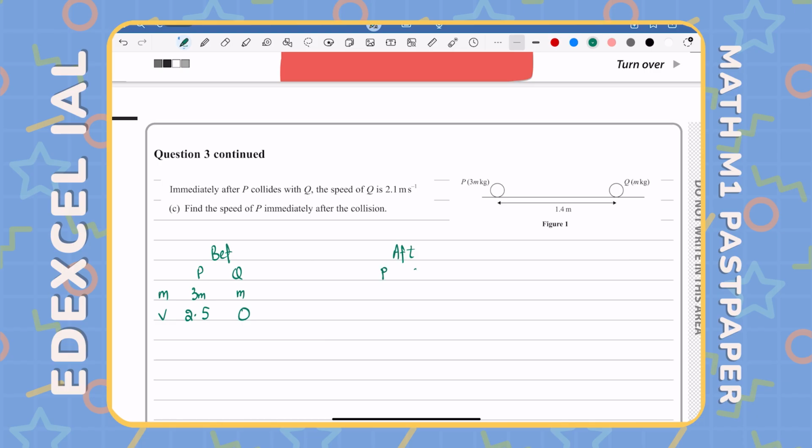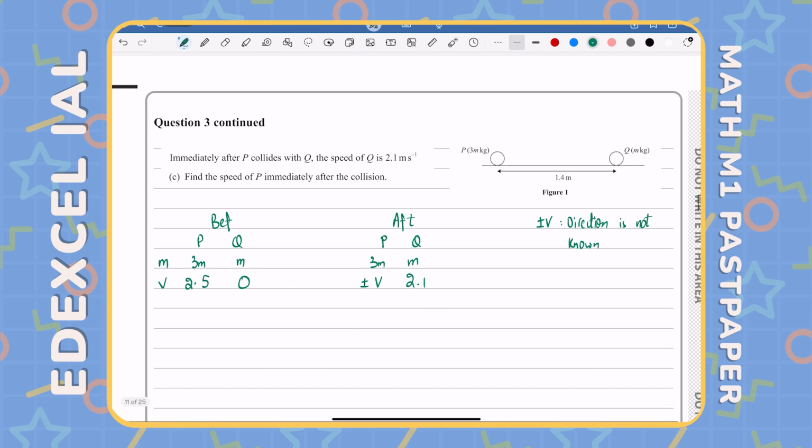After, obviously the mass remains the same, so that's 3m and m. The velocity of P, however, is unknown, so we're going to put a plus minus. Why plus minus? Plus minus v because direction is not known, and there's nothing in the question which suggests that it's going to be moving in a certain direction. And Q, we're given that has a velocity of 2.1.